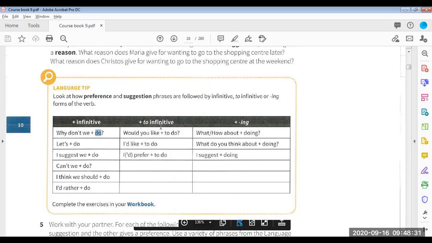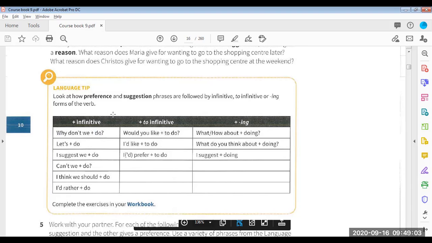Then the second structure is you will say, why don't you like, then we use to before our base form of the verb, like would you like to do, would you like to go, would you like to drink. So you can change this base form of the verb according to your example. This is just an example for us to understand the structure.